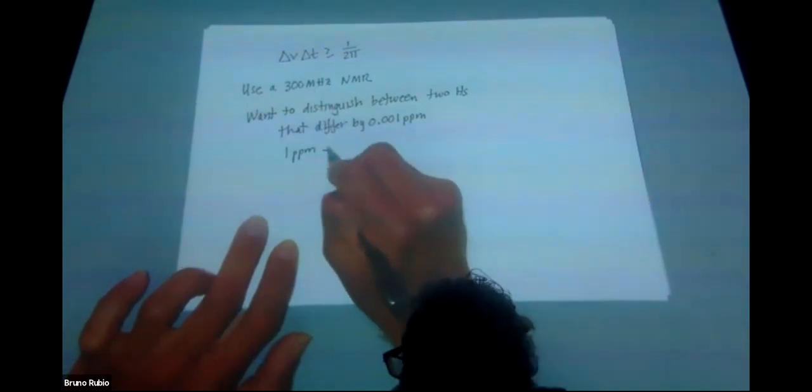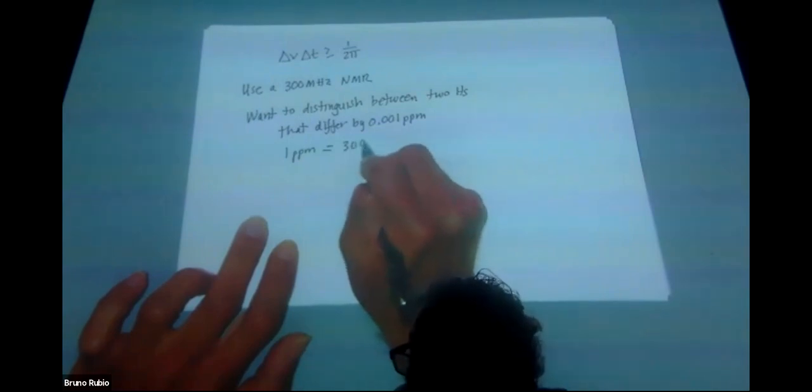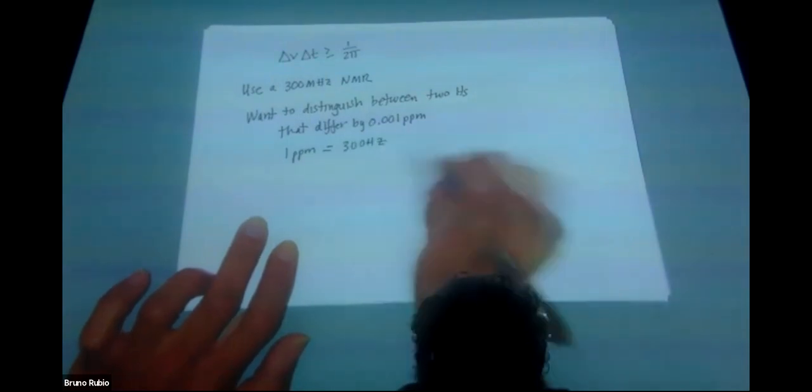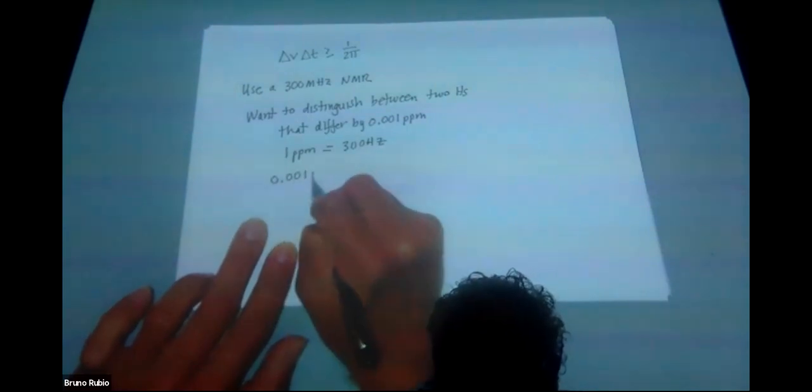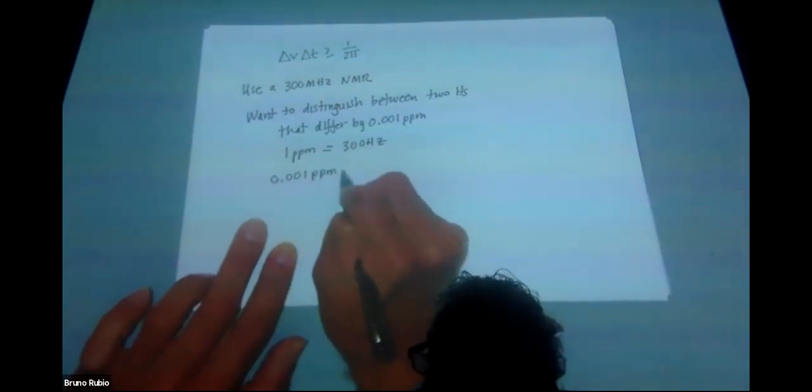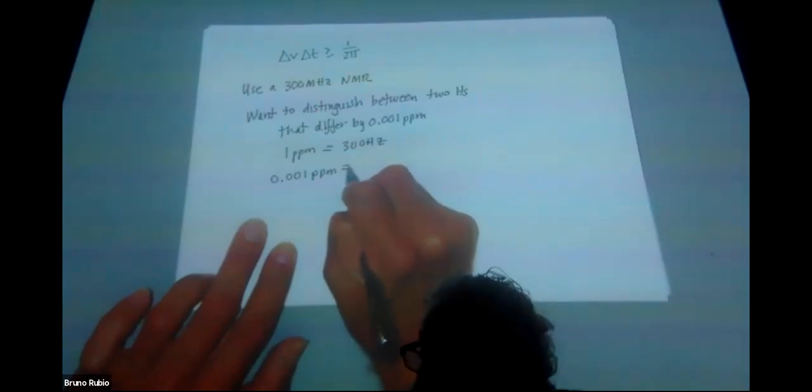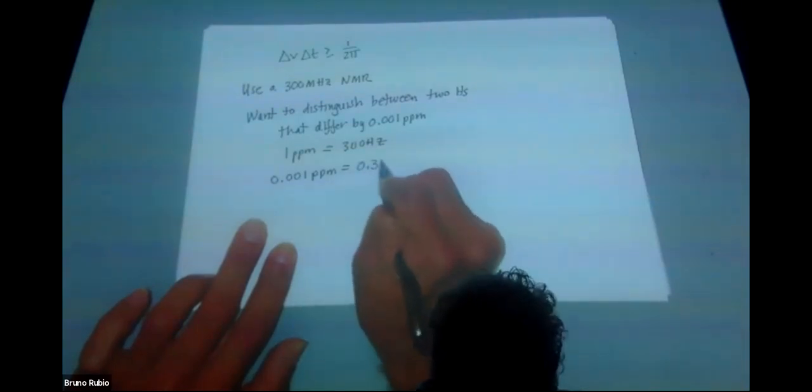So 1 ppm is equal to 300 hertz. And so the resolution that we're going for, this difference of 1,000th of a ppm, that is equal to 0.3 hertz. Okay, so we're trying to tell the difference between these two protons.